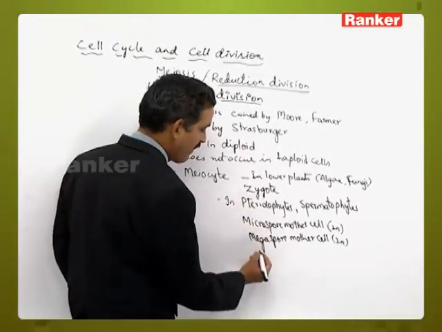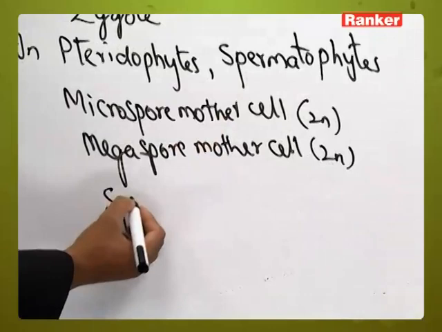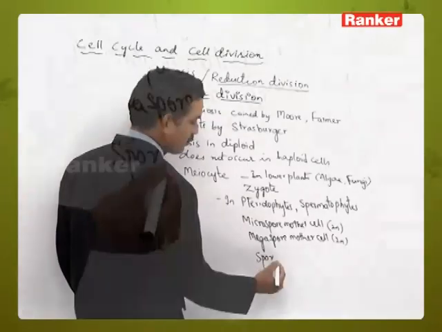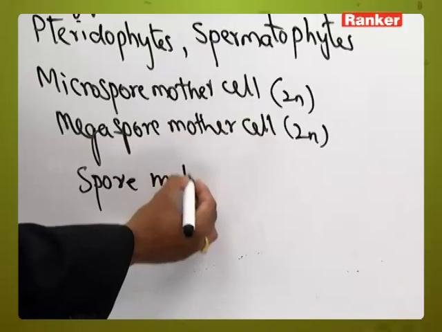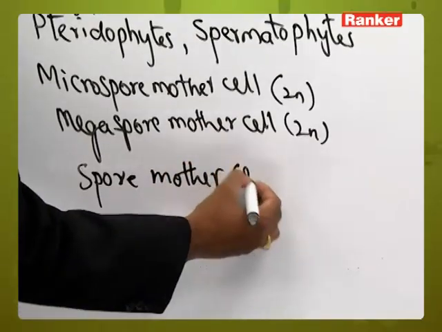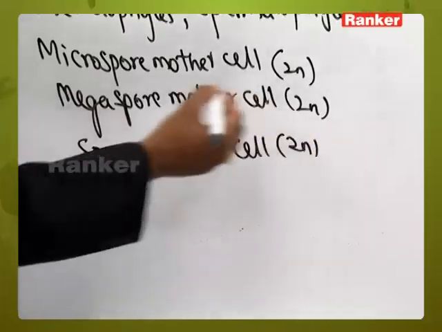And in some pteridophytes, where there is no differentiation between microspores and megaspores, we call it the spore mother cell. These also act as meiocytes.